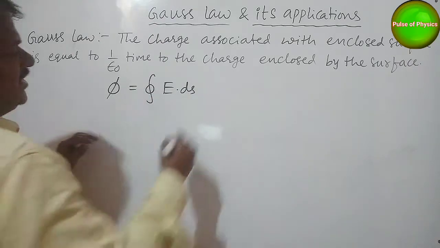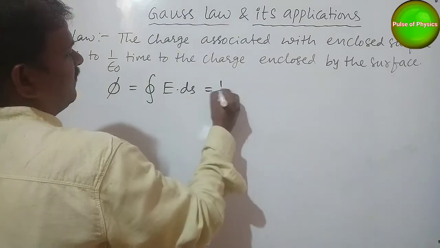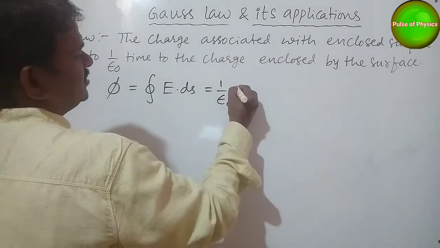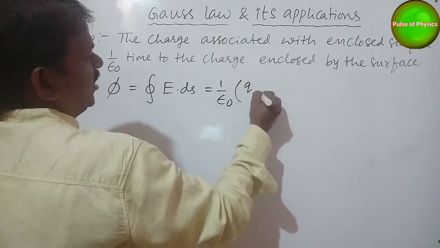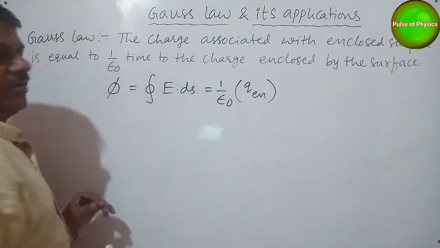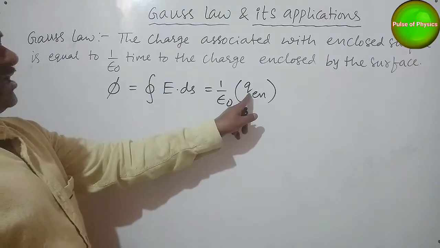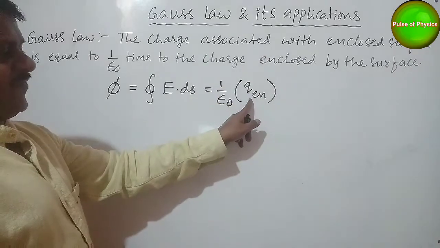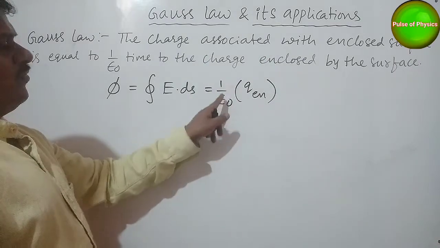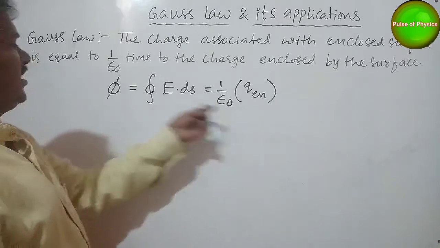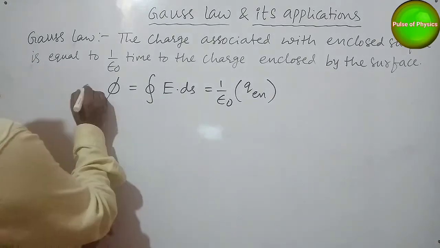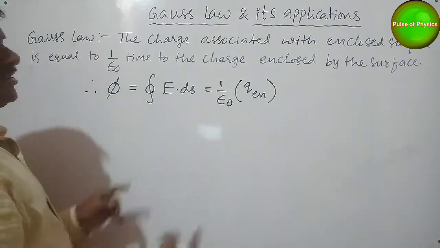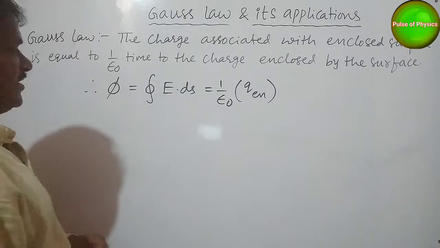This is equal to 1 by epsilon naught times q enclosed, right? So it is the charge placed inside the closed surface times 1 by epsilon naught. This is equal to the flux that comes out from the closed surface.